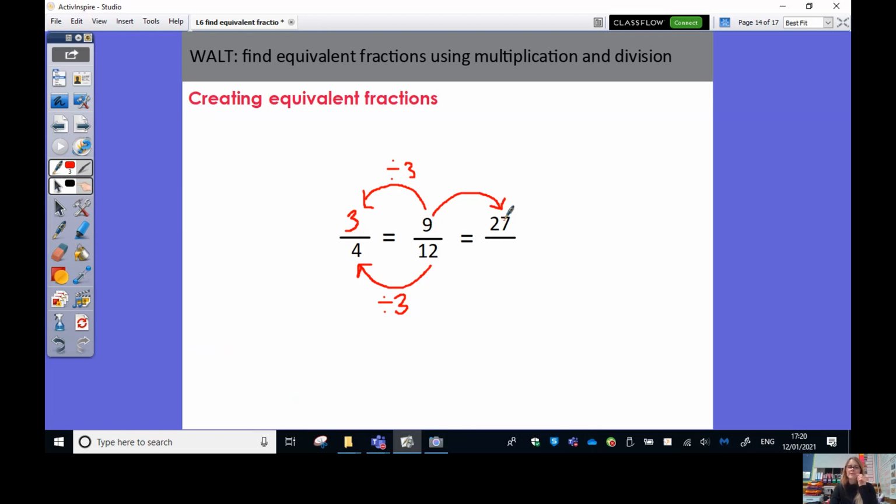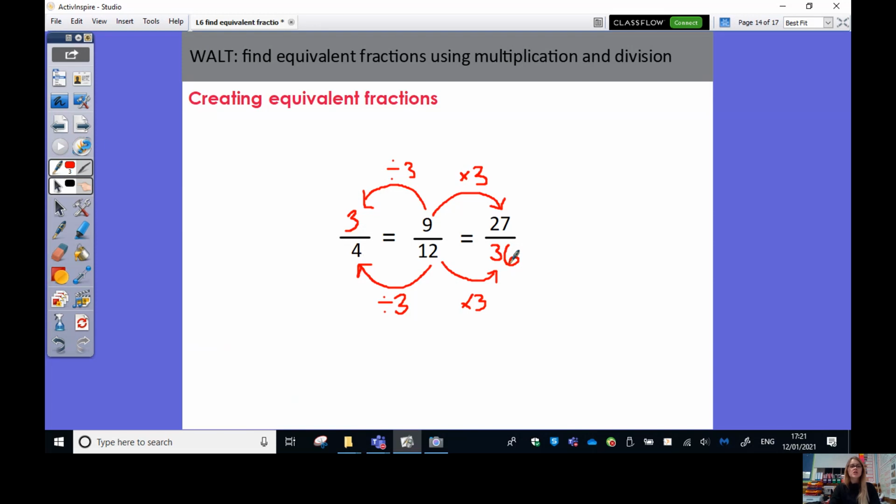What have I multiplied by from 9 to 27? 9, 18, 27. I've multiplied by 3. So I need to then do the same to my denominator. So we also need to times that by 3 as well. So let's do 12 times 3, 12, 24, 36. Good, fantastic. Hopefully you've managed to do that and get 36.